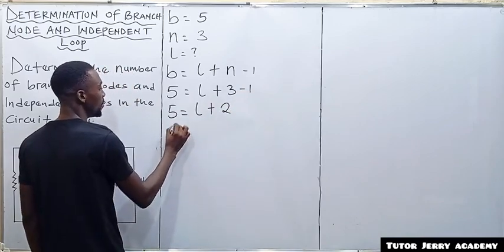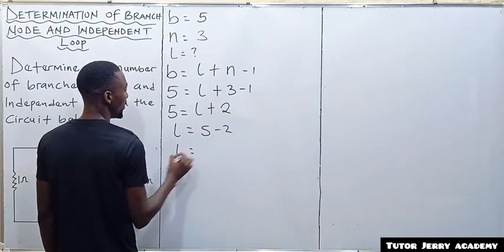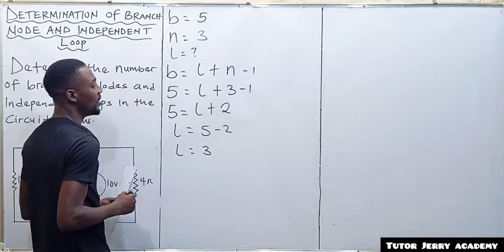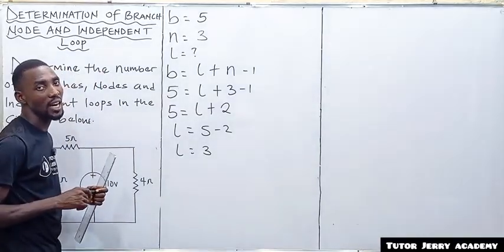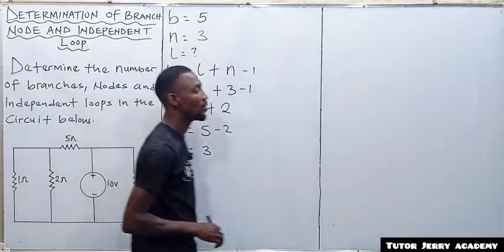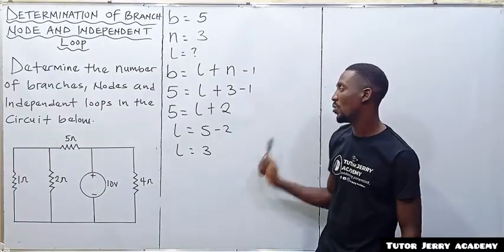If we make L the subject, L = 5 - 2, and 5 - 2 is 3. So the number of independent loops here is 3. So this is how to determine the number of nodes, branches, and independent loops.